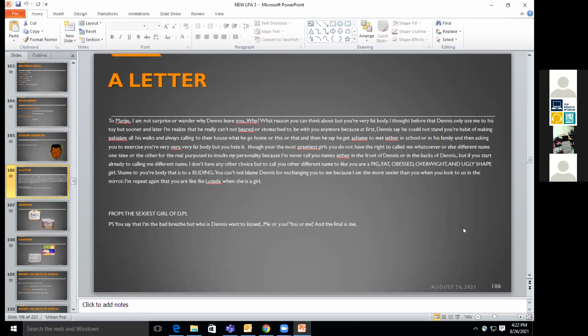I thought before that Dennis only used me to his toy, but sooner and later I'm realized that he really can't not bear or stomached to be with you anymore, because at first Dennis say he could not stand your habit of making pakialam all his walks and always calling to their house what he go home or this or that, and then he say he get ashamed to met either in school or in his family, and then asking you to exercise your very, very, very fat body, but you hate it.